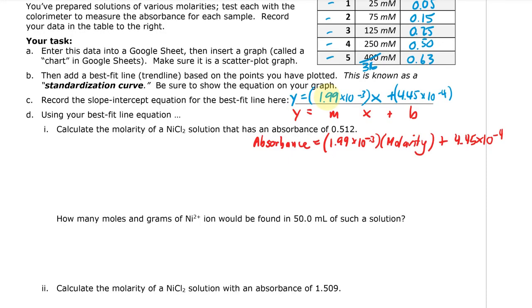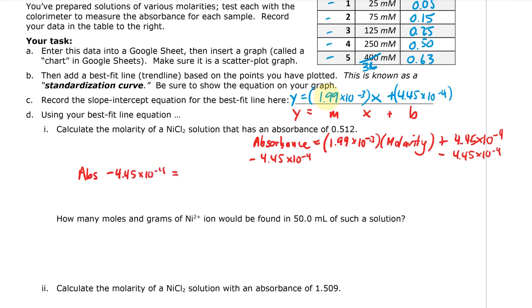To get molarity by itself, I first want to subtract 4.45 times 10 to the negative 4 from both sides. That would give me absorbance, I'm going to abbreviate that ABS, minus 4.45 times 10 to the negative 4th on the left.